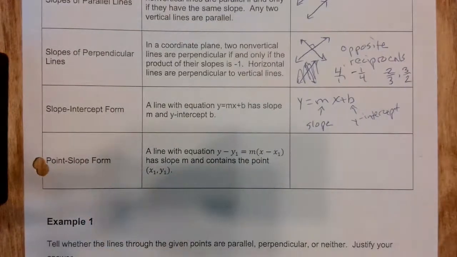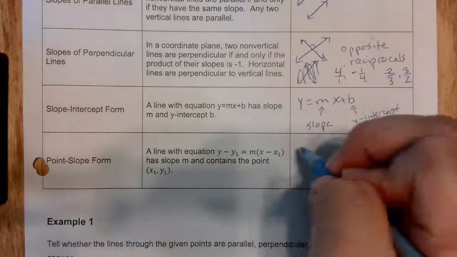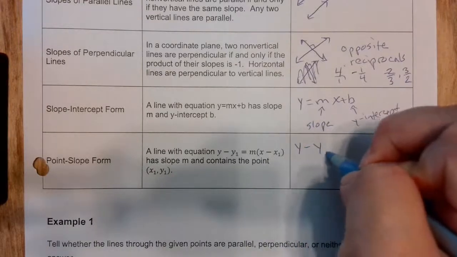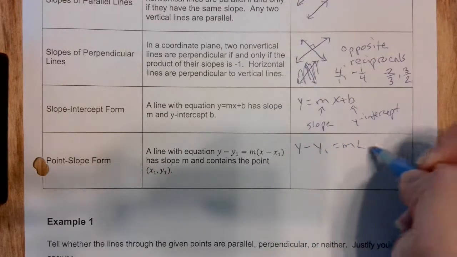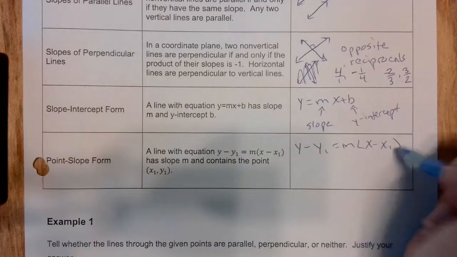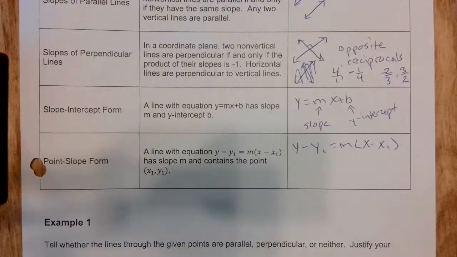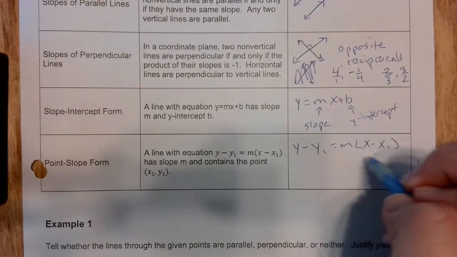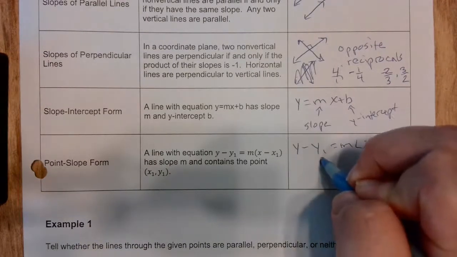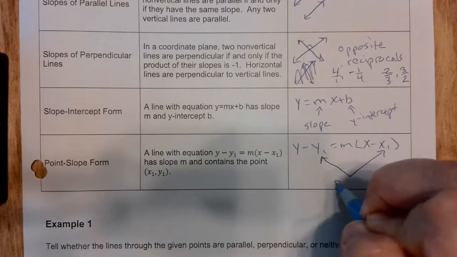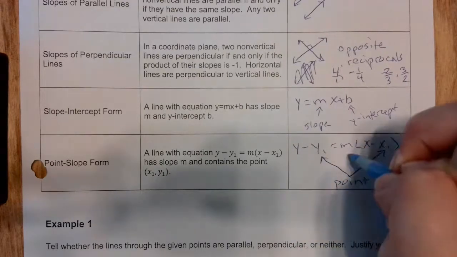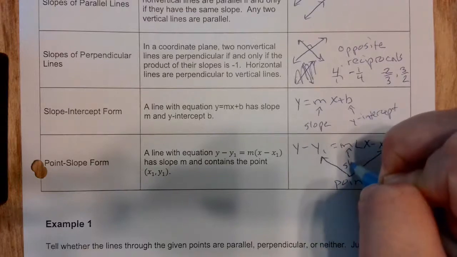Point-slope form, your teacher may or may not have covered very much. It's one of my favorites when it comes to algebra. It's called point-slope because when you look at it, you immediately see a point, which is (x1, y1), and you immediately see the slope, m.